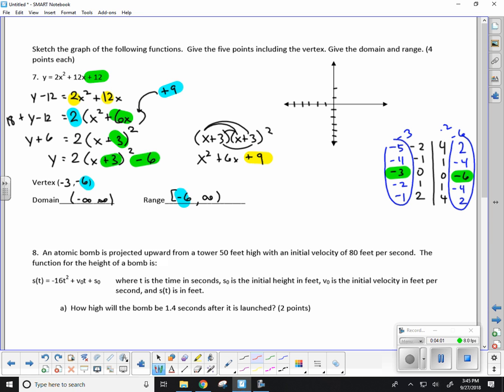So negative 5, positive 2 there, negative 4, negative 4, negative 3, negative 6, negative 2, negative 4, and negative 1, 2. And that's our completing the square.